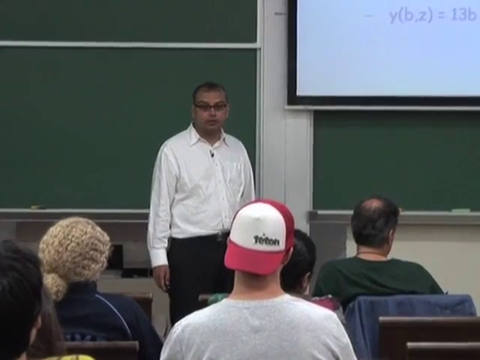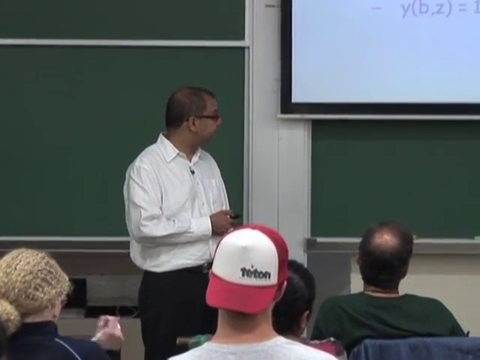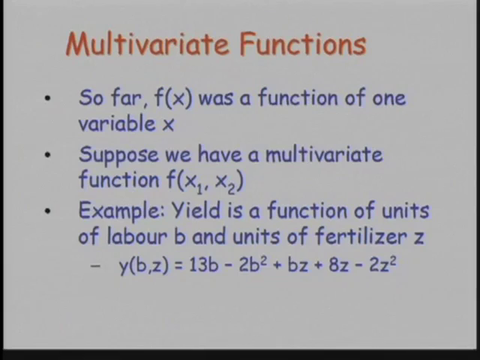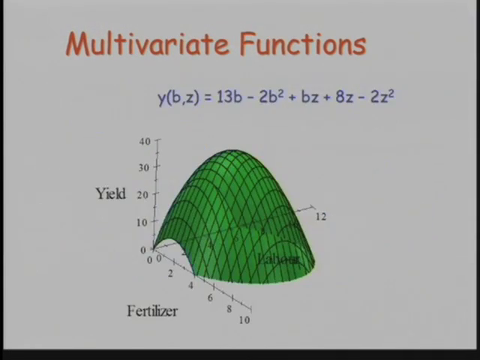So in principle, it could be many different x variables. Okay? In this case, the x1 and x2 variables are b and z. And so we have yield as a function of labor, b, and z, fertilizer input.